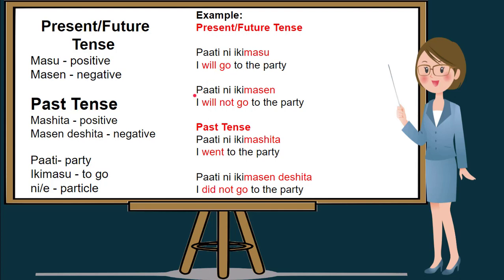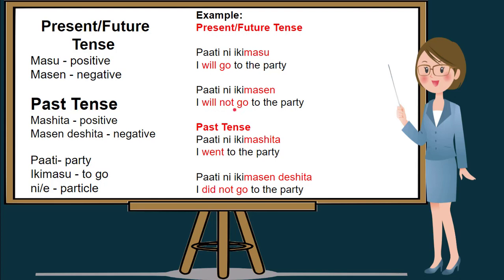In this next example, we will use masen, which is a negative verb tense. In this sentence, paati ni ikimasen, in English, I will not go to the party. Since we use ikimasen, it means will not go.